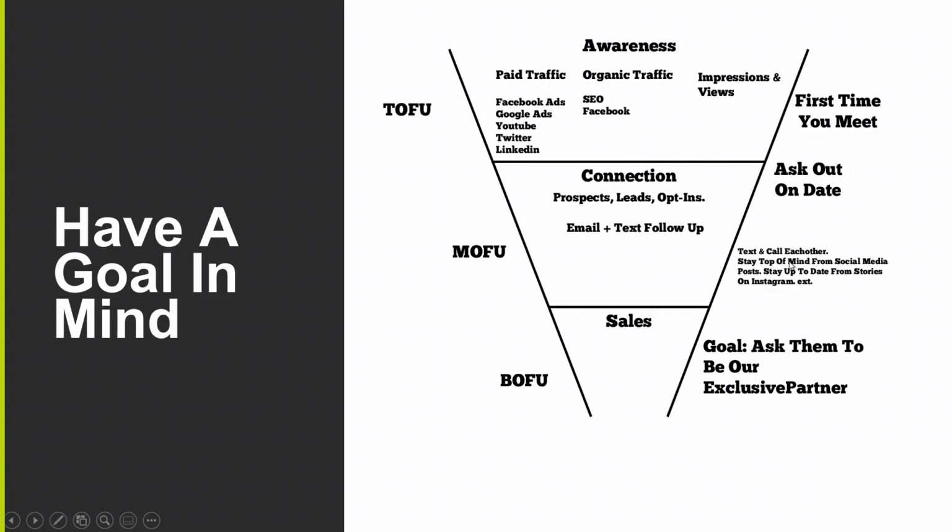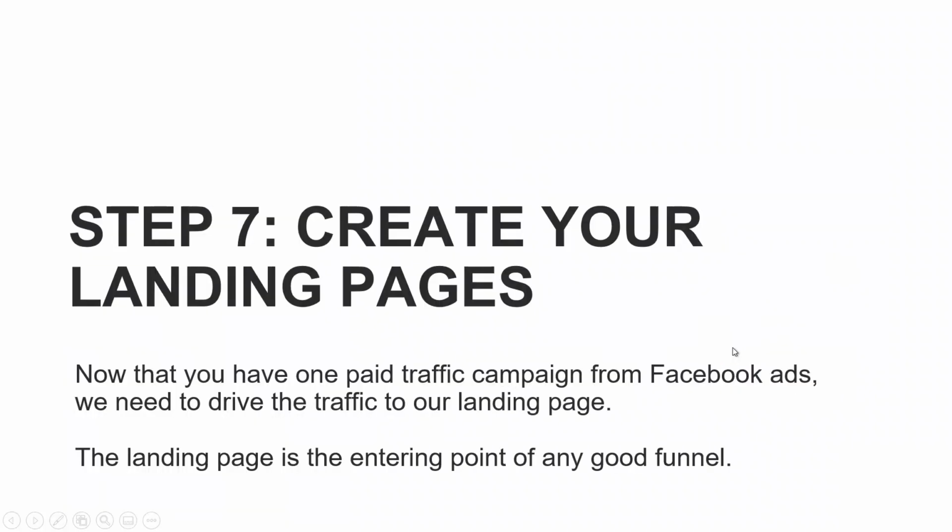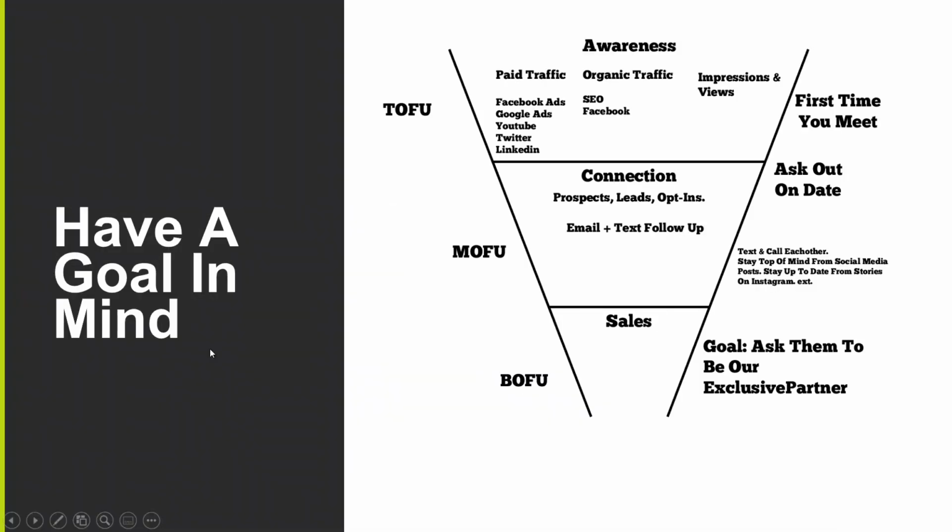So you text them, you call each other, you stay top of mind, stay relevant. And then your goal is eventually to ask them to be your partner, exclusively, like, hey, we've been dating, but let's go out just with each other. So that can be your goal, the sale, the end of the bottom of the funnel.